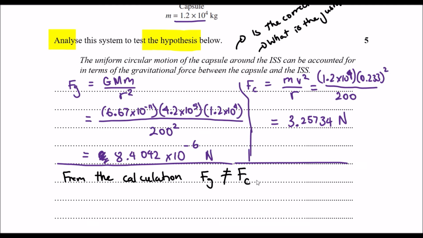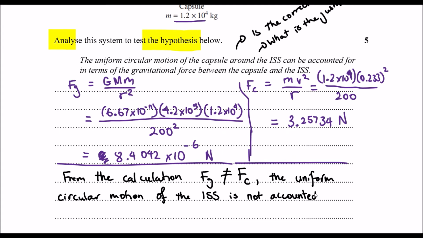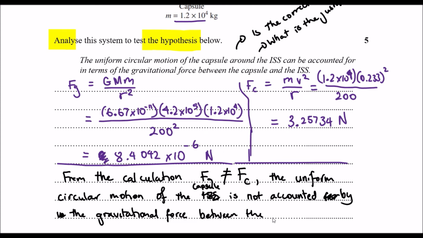So if they are not equal, then we can say the uniform circular motion of the capsule is not accounted for in terms of the gravitational force between the capsule and ISS.